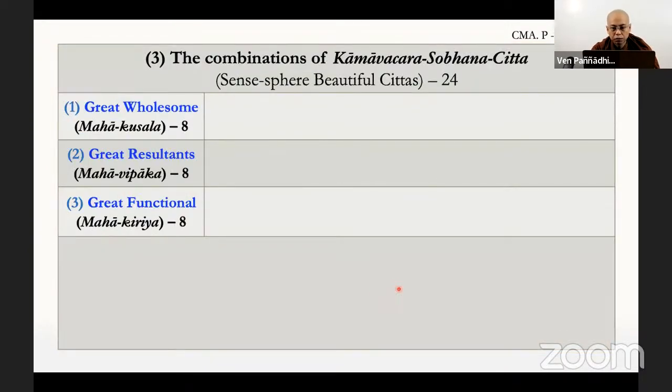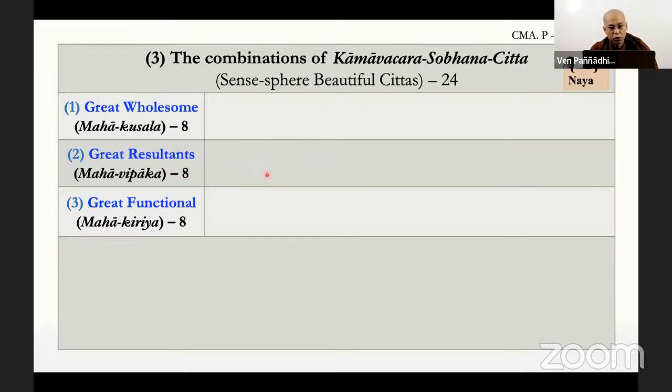Okay, so let's move to the combination method of the Kamavachara Sovana Citta, sense-sphere beautiful consciousness, 24. Here there are 12 methods, and we can easily know the 4 nayas. Each of these groups has 4 nayas, so it becomes 12.